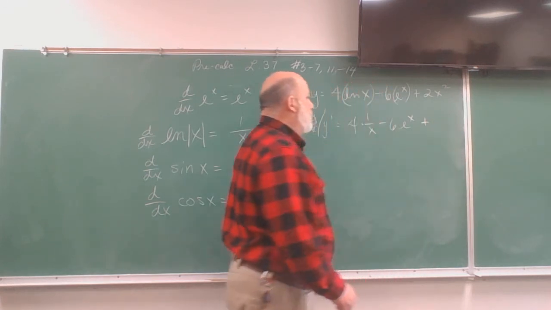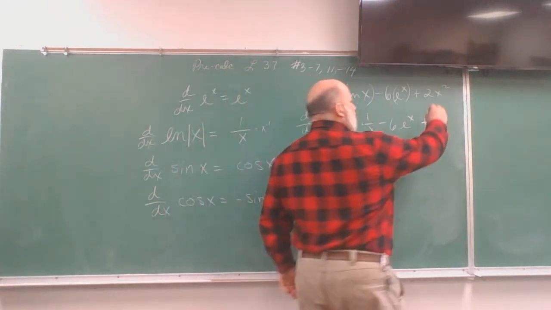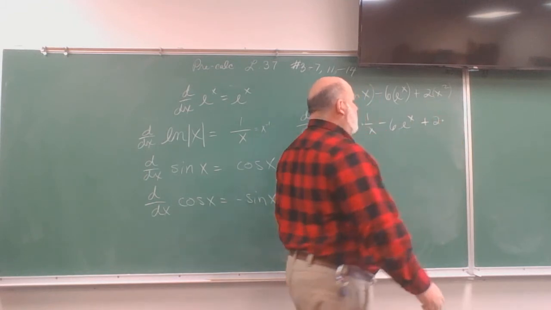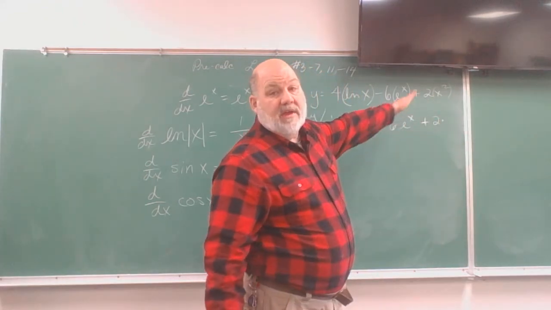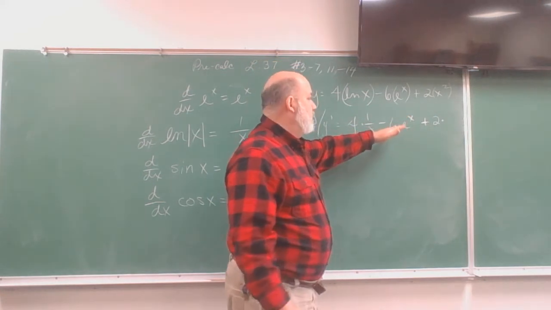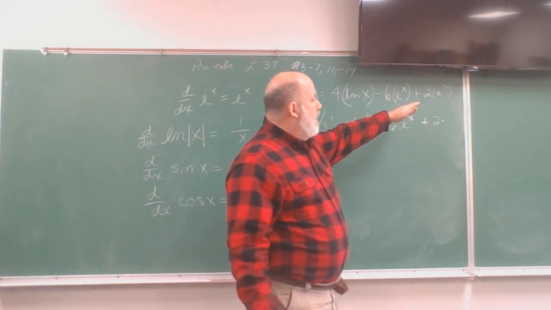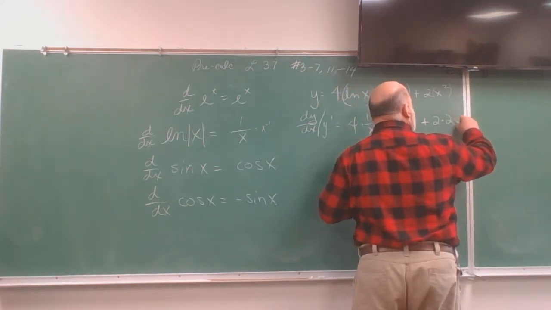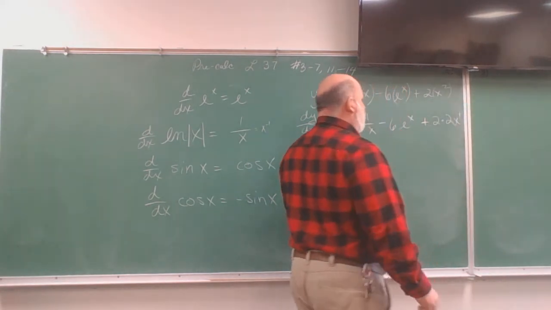Plus, right here, the coefficient 2 times the derivative of x squared. I keep saying the constant, I mean to say the coefficient. The derivative of 2x squared is 2x, and 2 minus 1 is 1.